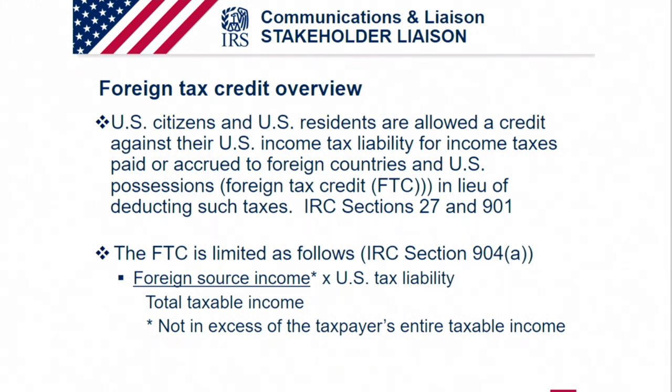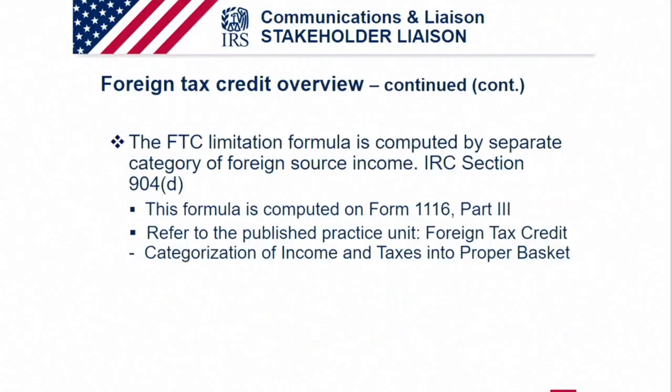This fraction for the FTC limitations is expressed on Form 1116, Part 3. The FTC limitation formula is computed by separate category of foreign income under IRC Section 904(d).